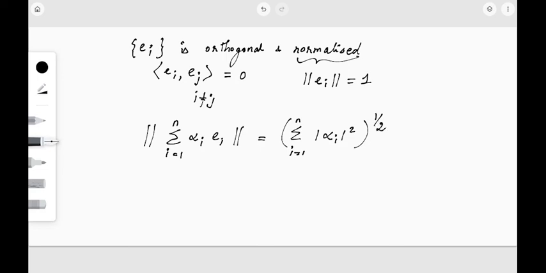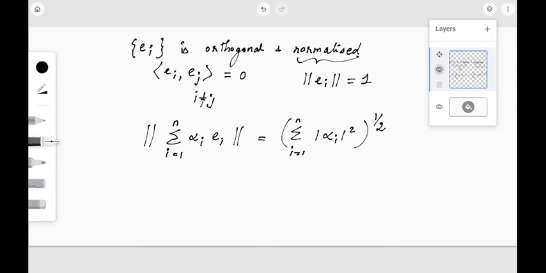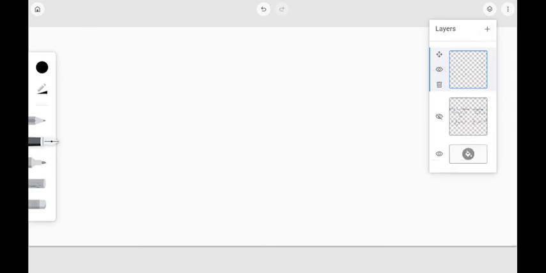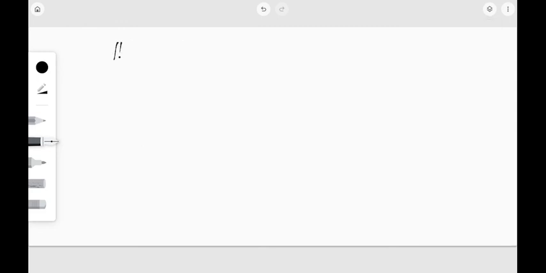So let us see how we can move about it. Let us take the norm of the summation i equal to 1 to n of alpha_i e_i, squared.